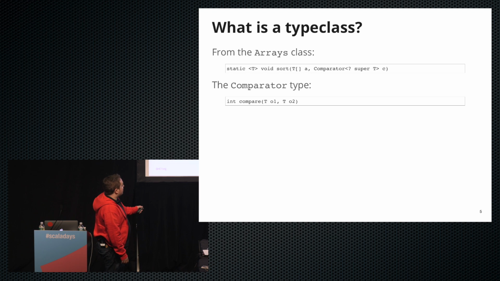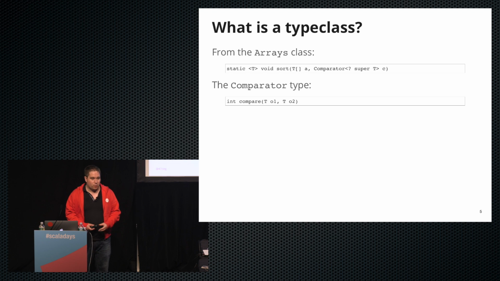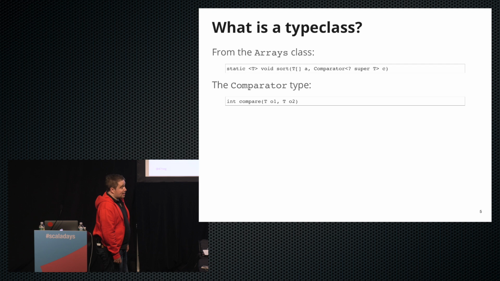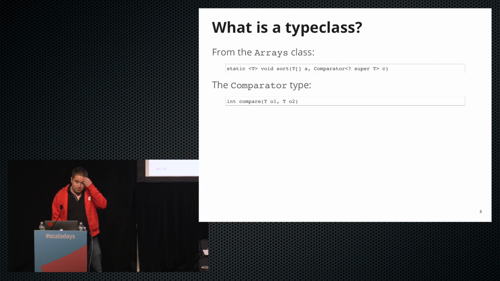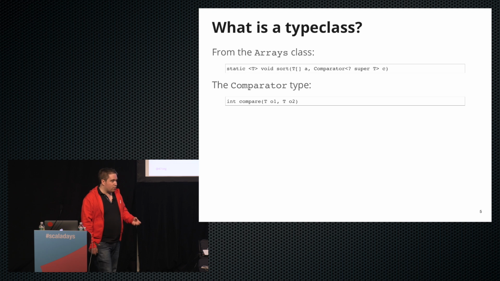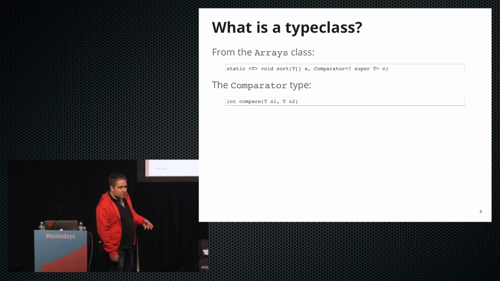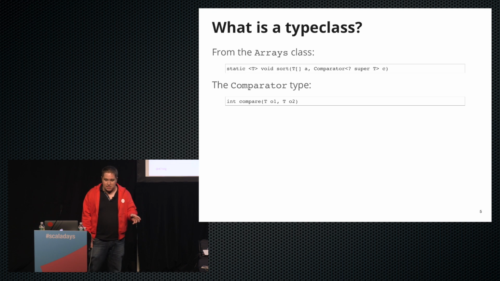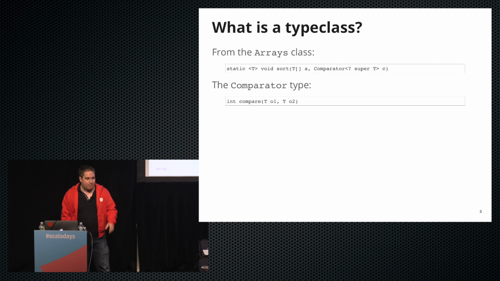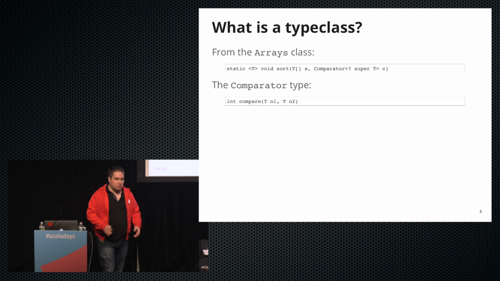The fact it's generic means that we don't really know what's going to be in this array. We don't know if we're going to be sorting strings or numbers or bananas or trains, you just don't know. So this extra parameter here is basically a rule for how to compare two things of this type T, and that should hopefully be enough. If you can compare two things, you've got enough information there to sort them.